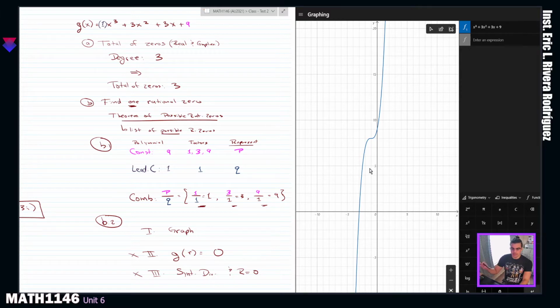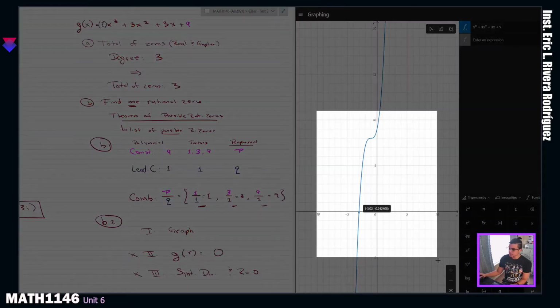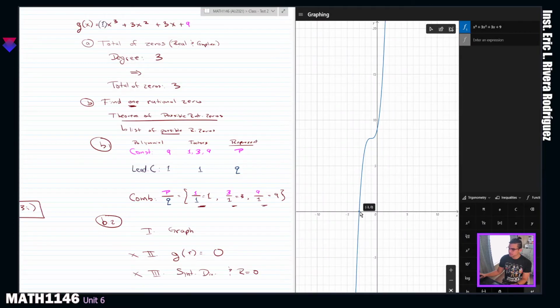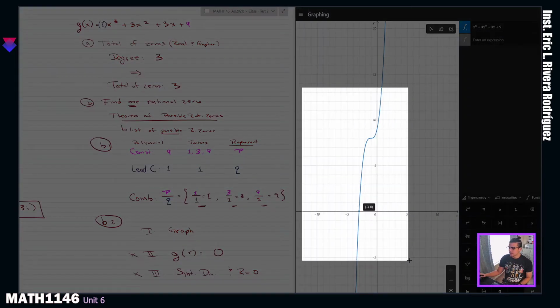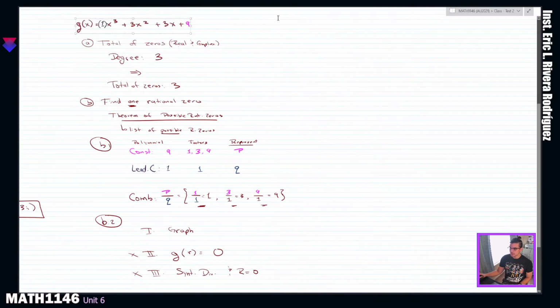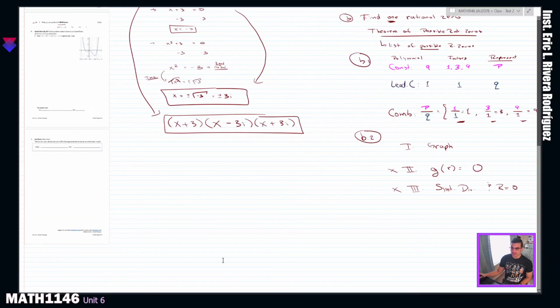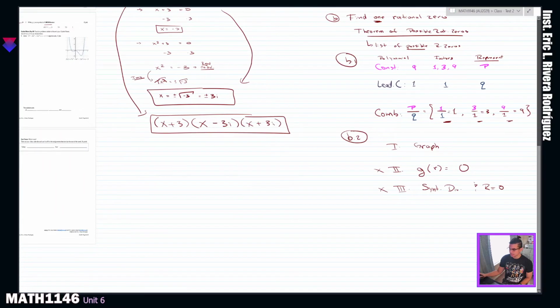what you have on the right is the graph of the polynomial that we have in our exercise. Why do you want to go to the graph? Because from the graph you can look if there are any rational or real zero.